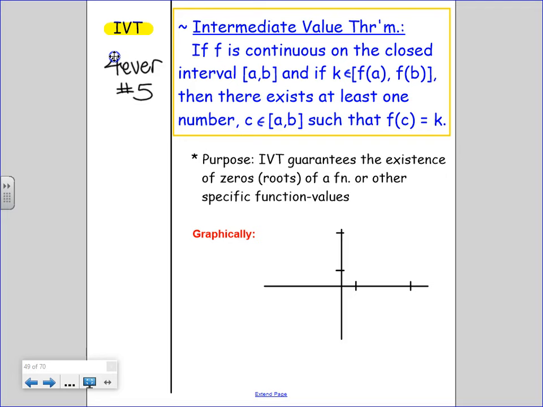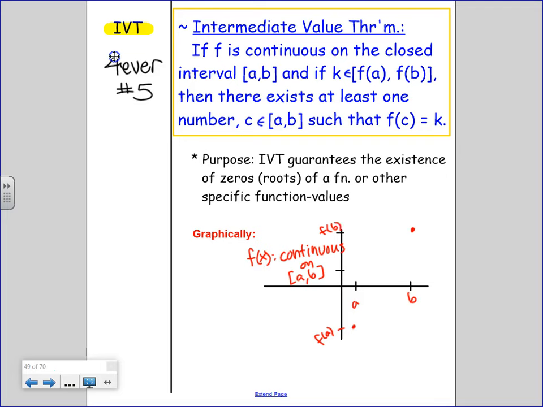Long story short, if I have a function, and I know that this function is continuous, maybe not everywhere, but continuous on especially a to b, and if I have an a, and if I have a b, and if I have a certain point, and this would be my f of a, because that's the y value, and this would be my f of b.